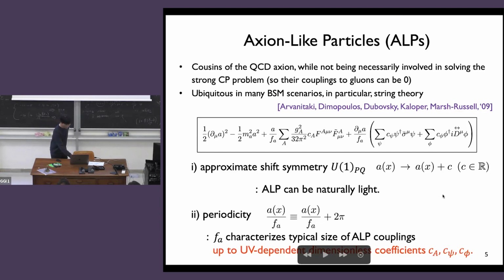First, it has an approximate shift symmetry, which is given by the shift of this axion field, and by this the ALP can be naturally light. Secondly, it has a periodicity. This means that the ALP is a compact field with a certain periodic field range, f_a, which is usually called the decay constant. So f_a characterizes the typical size of ALP couplings up to a UV-dependent dimensionless coefficient. I will discuss this UV-dependent dimensionless coefficient.